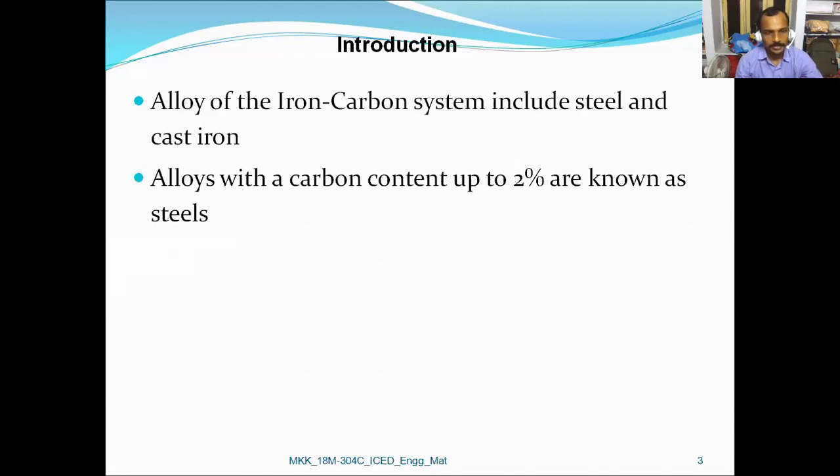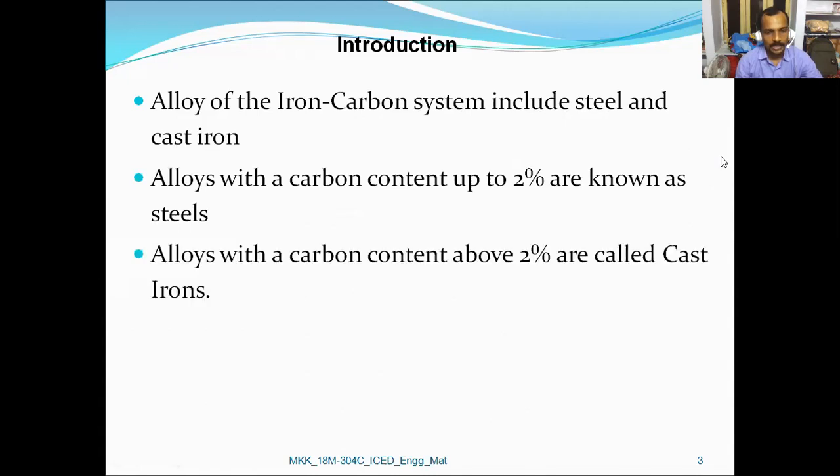The alloys with carbon content up to a maximum of 2% are known as steels. Alloys with carbon content above 2% are known as cast irons.